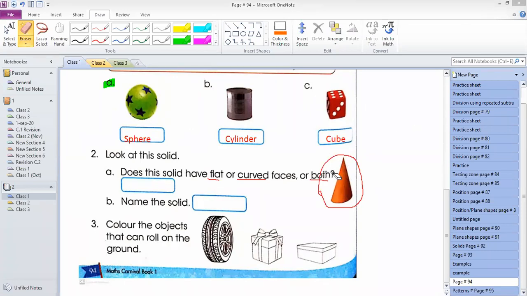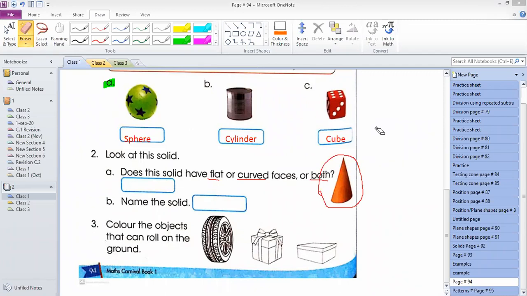Can you identify this solid? Which solid is that? Cone. Okay. How many faces does it have? Two faces.